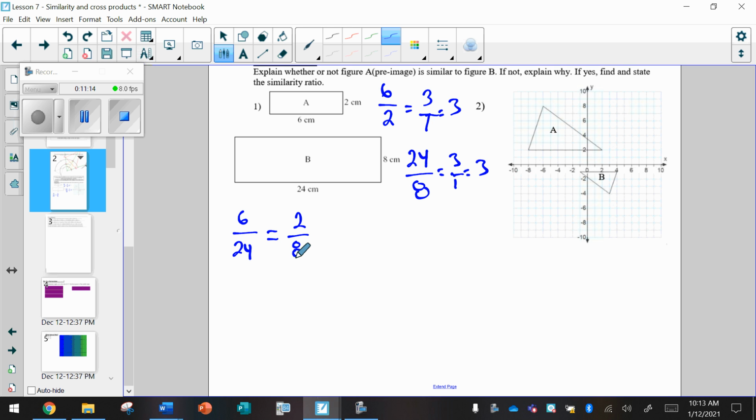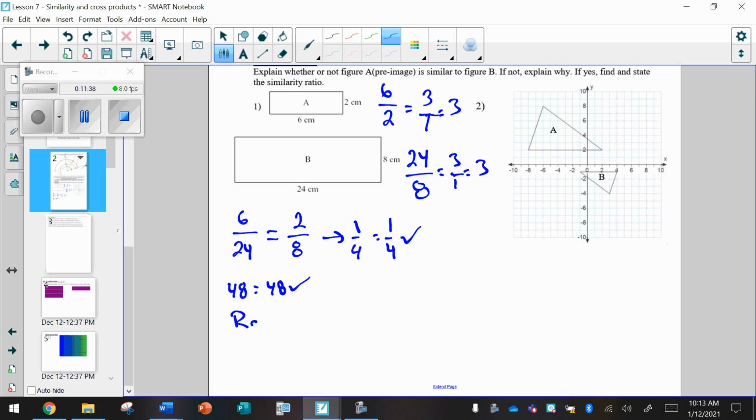And just like some of the notes we did the other day, we can either cross multiply to see if we end up with the same value, or we could just reduce the fractions to see if we end up with the same value. So either way, no matter which ratios we set up, we see that the ratios are equal.